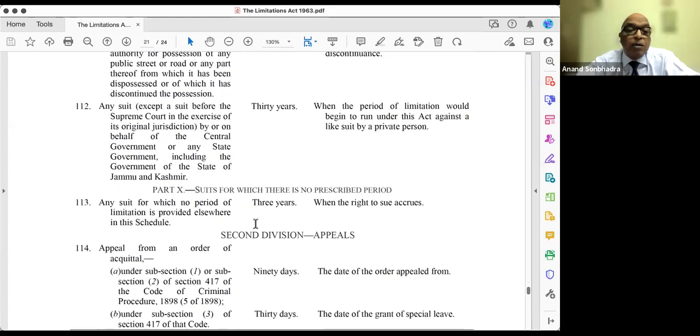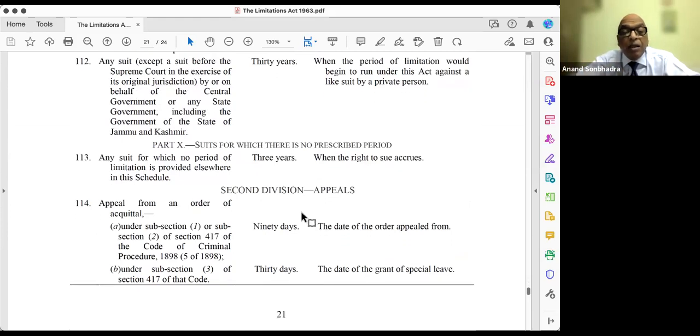And part 10 deals with suits for which there is no prescribed period. So it's exhaustive because it covers where no specific description is given and no specific period is meant. Both the things are covered here. Any suit for which no period of limitation is provided elsewhere in this schedule, 3 years is the timeline which has been given, and the time period starts to run when the right to sue accrues.